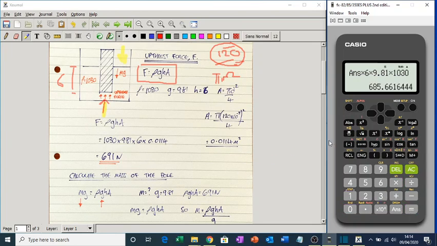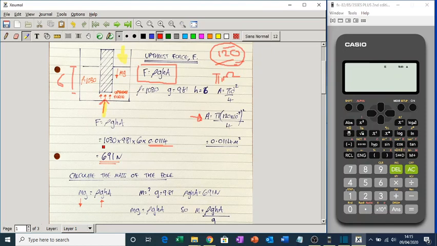Gives me 685. So obviously that was using that as the area. Obviously I've rounded up here a bit, right? So I've used that in this calculation. So it shows you how much of an error you can make if you don't use the proper numbers.